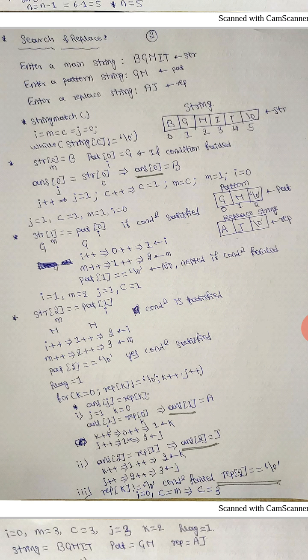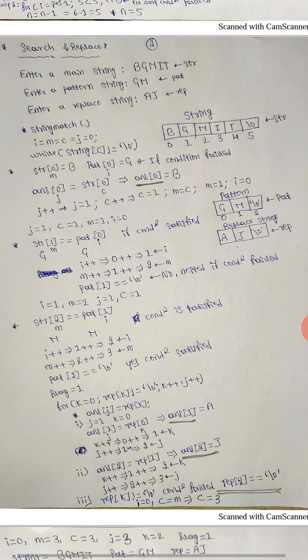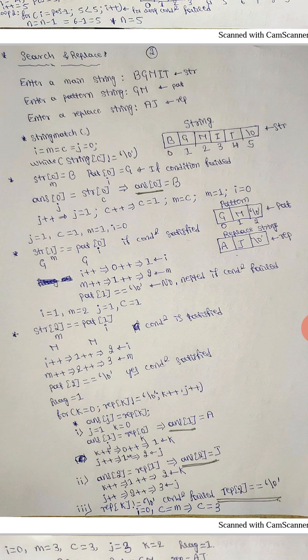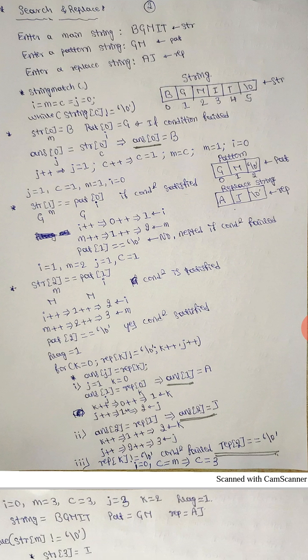Suppose GM is part of my main string BGMIT, then I am going to replace GM by AJ, that is my replacing string. In my given example, both the pattern and the replacing string have a length of 2.